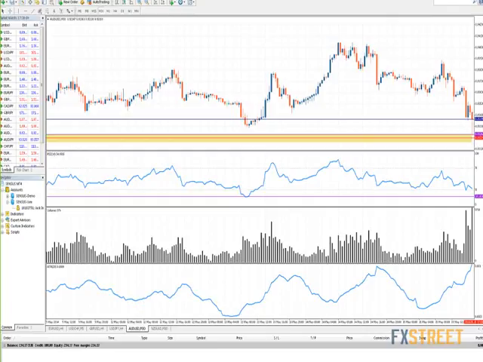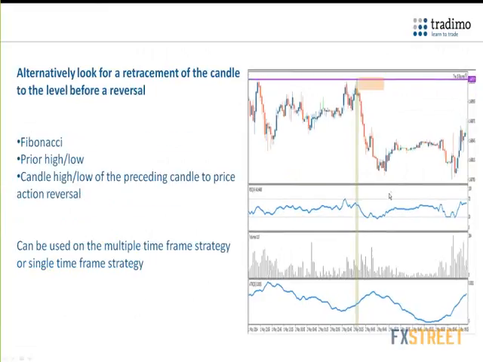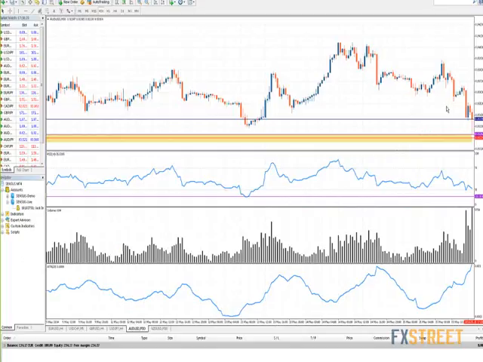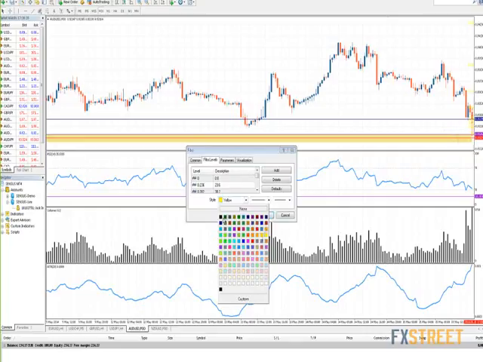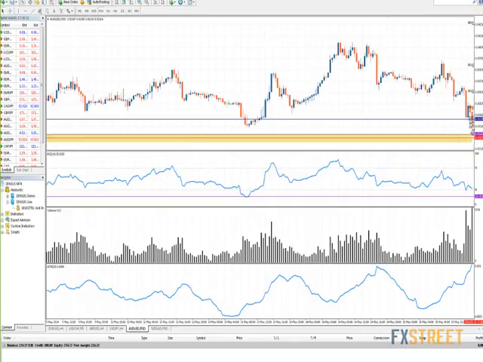Generally, I'll risk up to 50% less, or more likely, what I actually do, guys, is I look to scale in to the market. So what I will do is I will pop this on here, and I will stick a Fibonacci on the candlestick itself. Again, that Fibonacci is not drawn correctly, but let's just get it in black so we can see it. So I'll draw a Fibonacci.